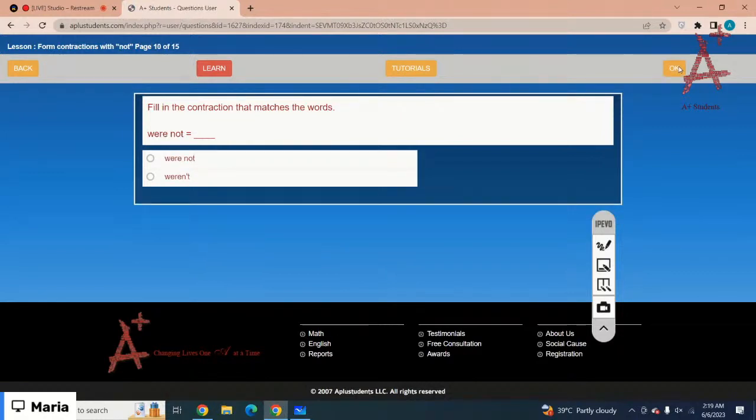Fill in the contraction that matches the words were not. How do you write were not? You have to skip O from the not and you have to put an apostrophe there, so it would be weren't. Got it?